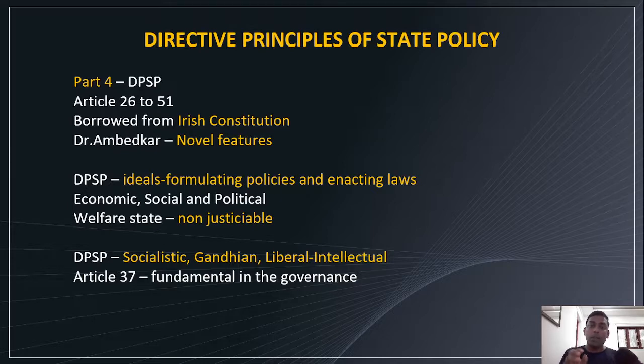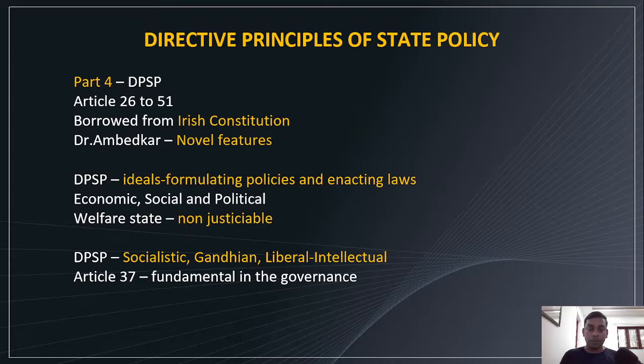So all these were included in DPSP, Articles 36 to 51, which I mentioned in Part 4 of the Constitution. So this is a broad classification of DPSP. We have socialistic, Gandhian and liberal intellectual principles. These were embedded in the DPSP.